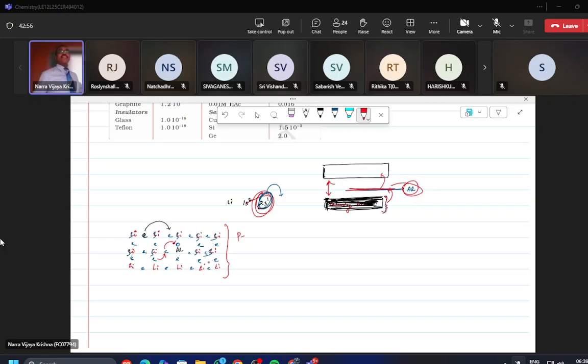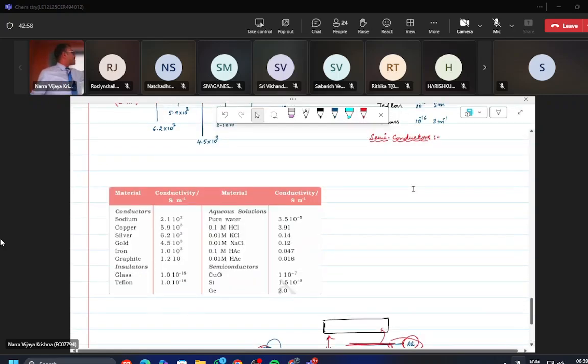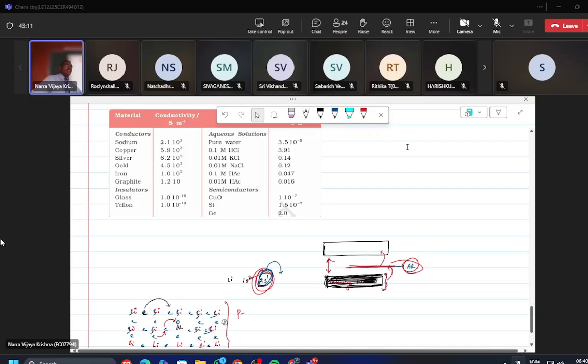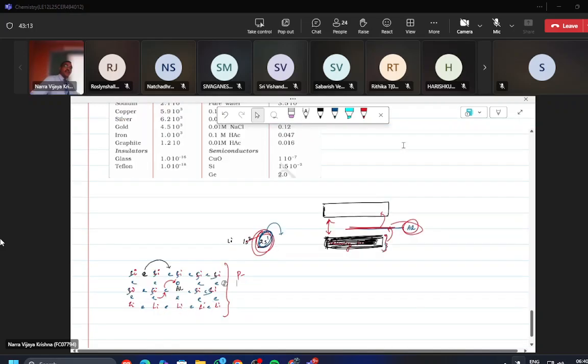Already we discussed silicon is a semiconductor. What we have done is, by introducing some foreign material, some impurity, we are increasing its electrical conductance. We call that method the doping technique. So by doping silicon with some other metal, with either higher or lower valency, if it is with lower valency, I call it a P-type semiconductor.